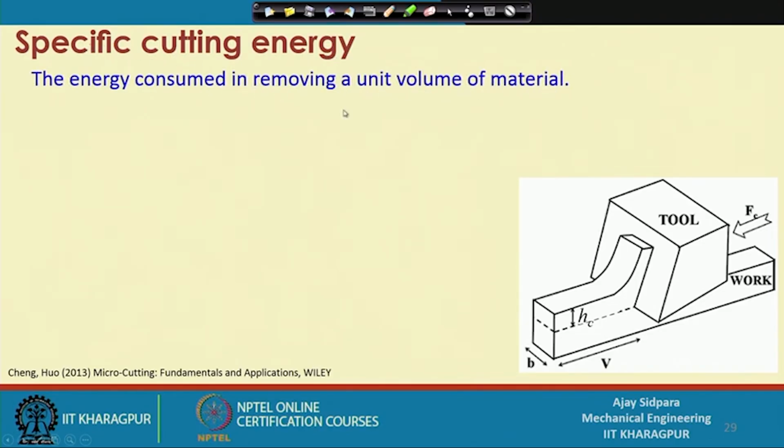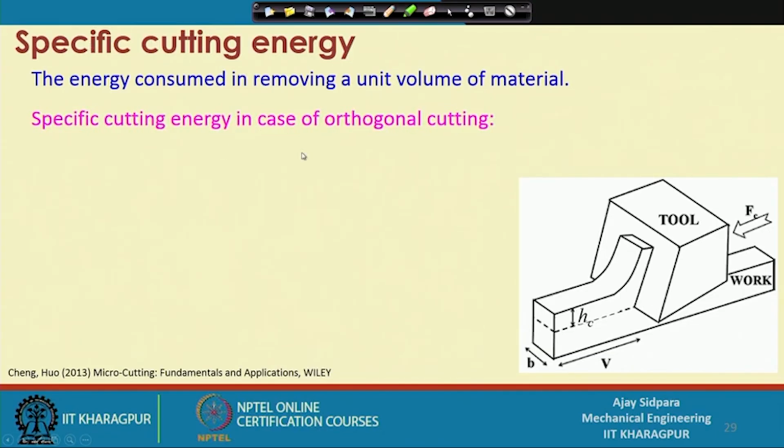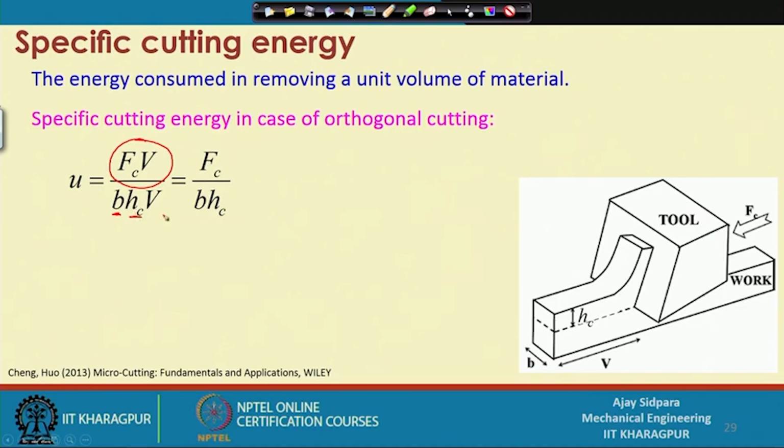So, that is called specific cutting energy, and in the orthogonal case this is the equation by which we can define it, that is Fc into V. That will give you the energy requirement, and B is the width, Hc is the uncut chip thickness and V is the cutting velocity.